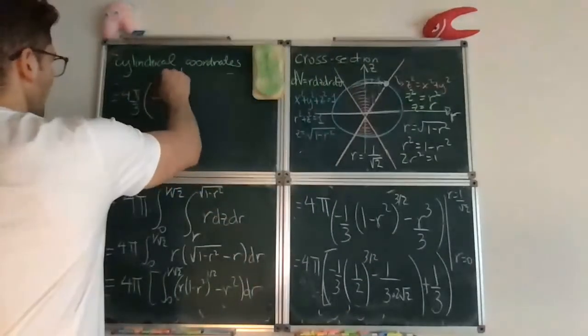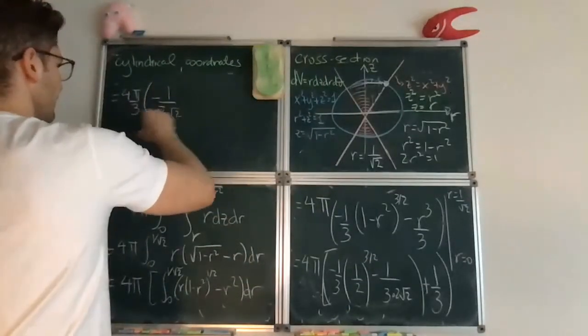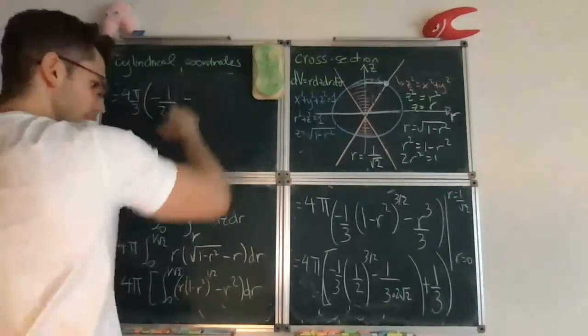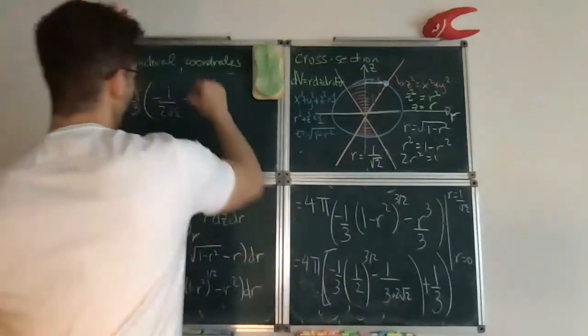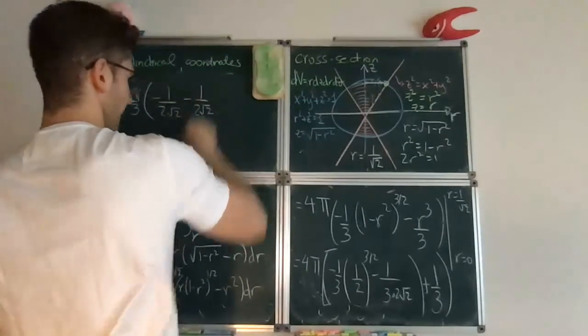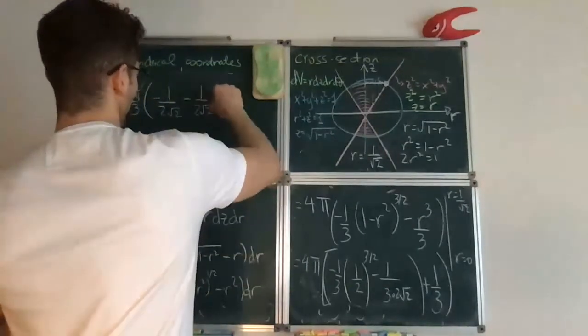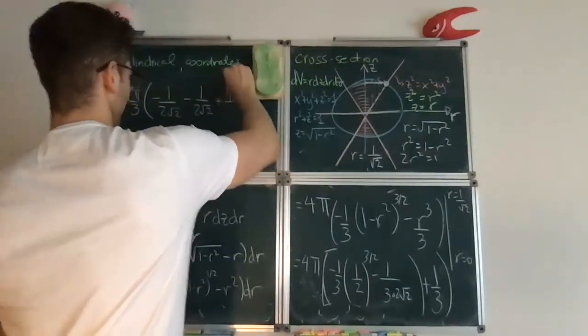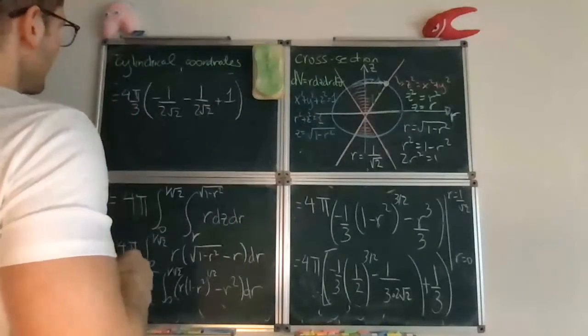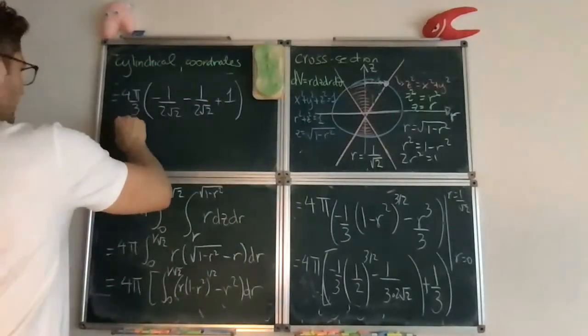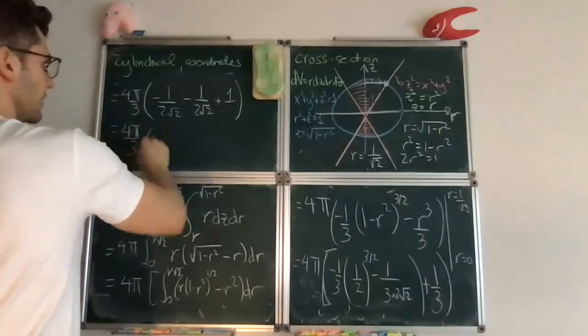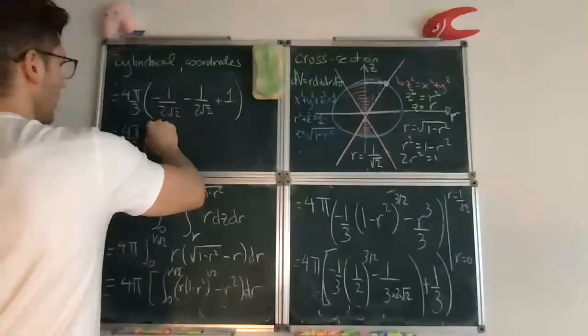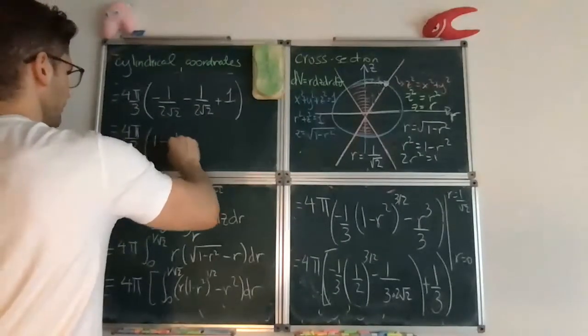So since we already pulled out the 3, you're getting this one, and then that one. And so you're getting 4 pi over 3 times 1 minus 1 over root 2.